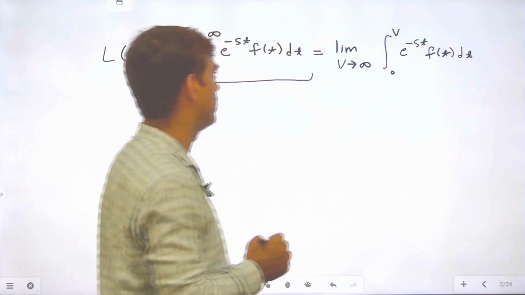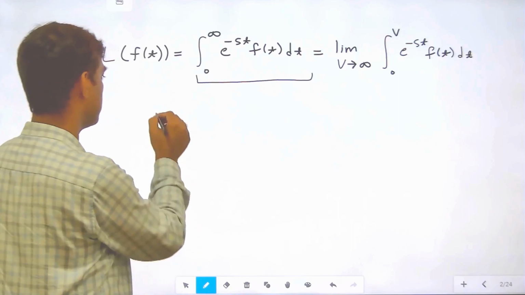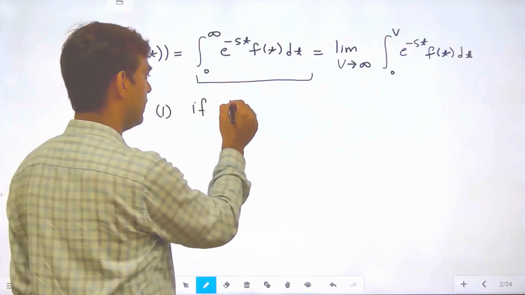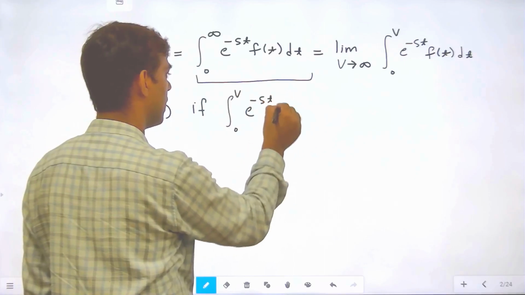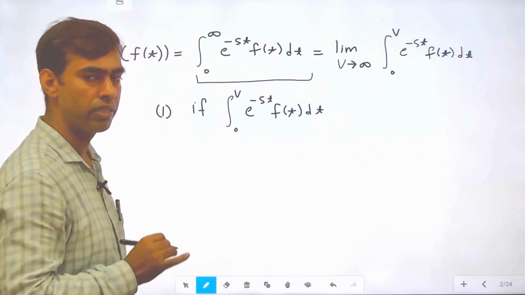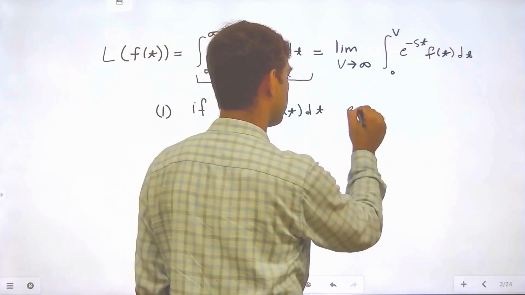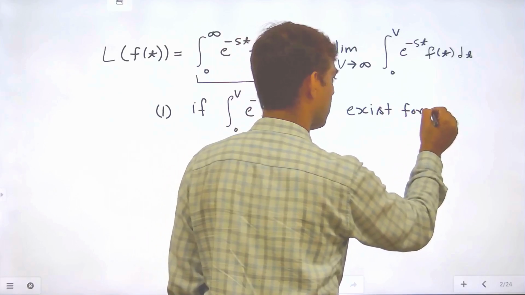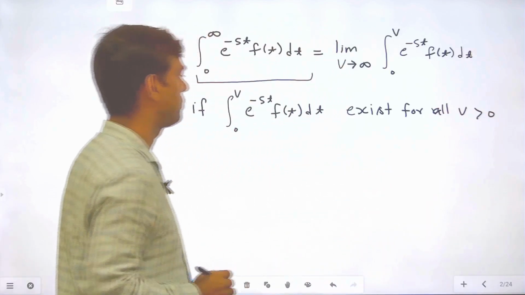There are two conditions. First, if the integral from 0 to v of e to the power minus st f(t) dt exists for all v greater than 0.